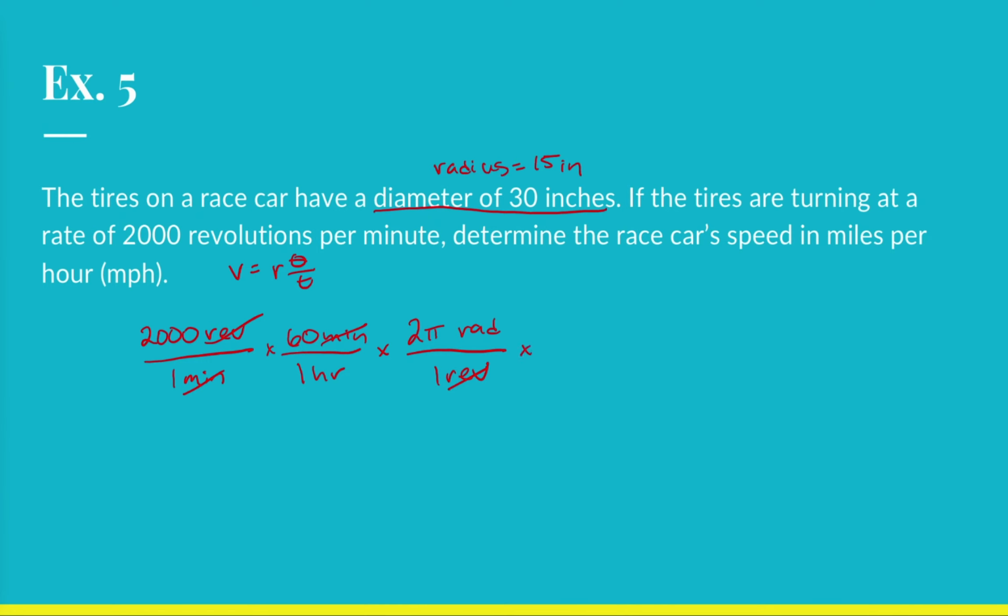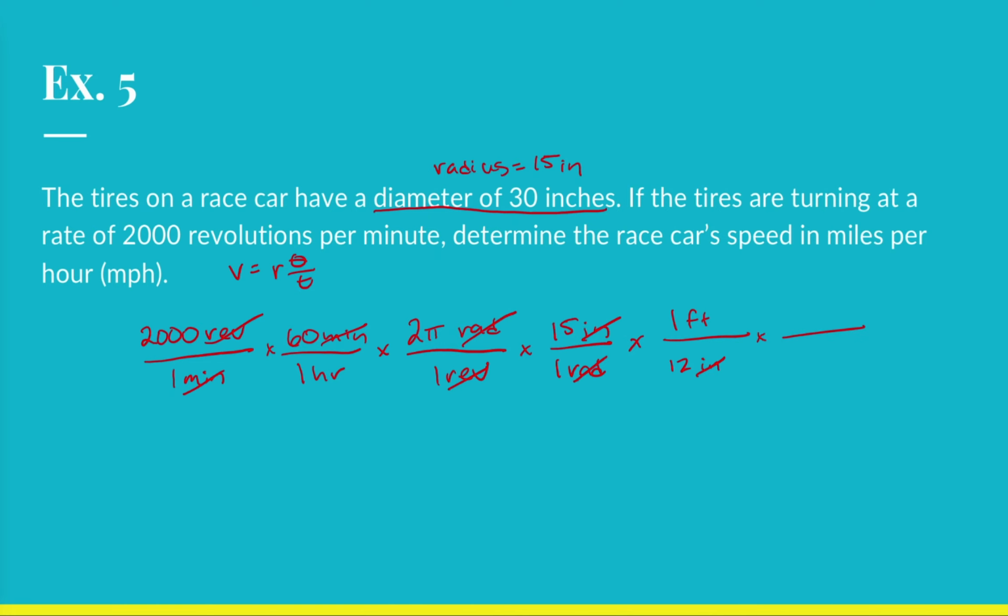If we multiply by the radius, which is 15 inches per 1 radian, that gives us inches per hour. And then we need to turn those inches into miles. So we're going to divide by 12 inches in 1 foot. So our radians cancel out, our inches cancel out, and it's going to give us feet per hour.